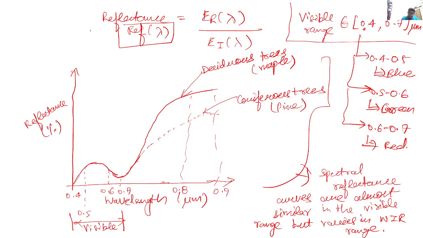For the previous case, the maximum reflectance can be as much as 40%. Of course, it depends on several other factors also: how much water is available in the leaf, how stressed the vegetation is, and so on. We will be discussing it in due course of time. The coniferous reflectance can be a bit less than 30%.